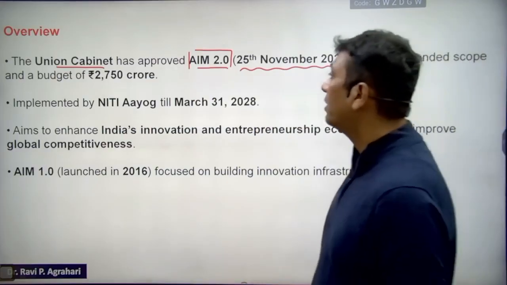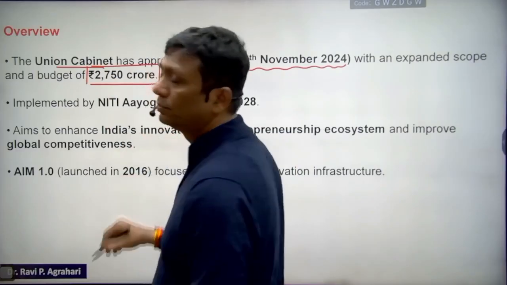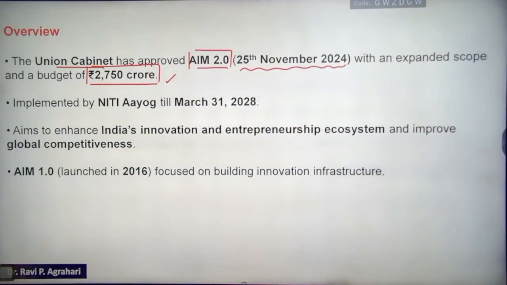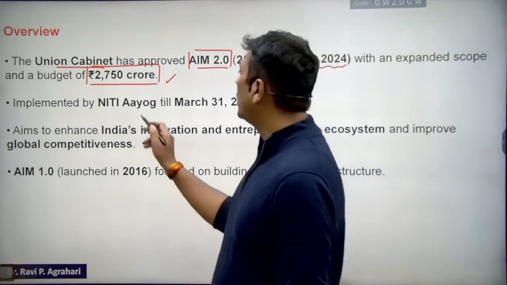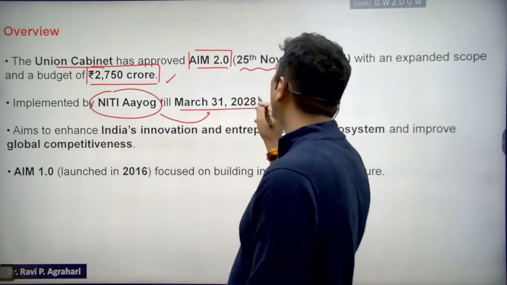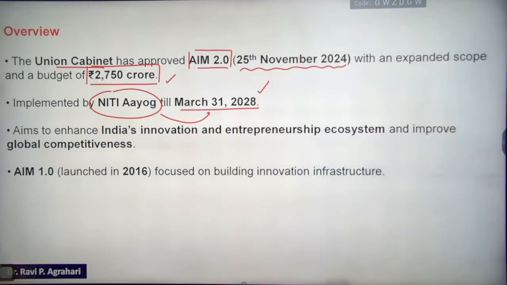And the government has given a budget funding of how much? 2750 crore rupees to introduce and make AIM 2.0 a success. Who implemented it? Niti Aayog. And the target year? 31st March 2028.